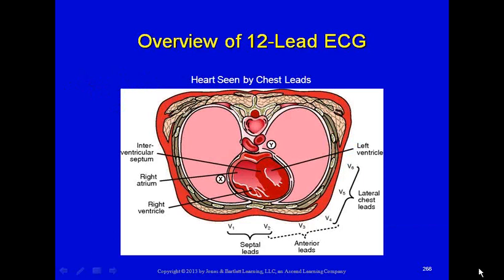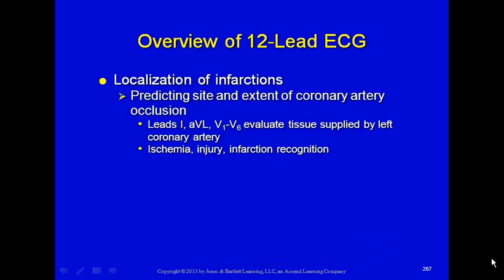2, 3, and AVF look at that right ventricle, and 1 and AVL look at the circumflex. As I had mentioned, leads 1, AVL, V1 through V6 evaluate tissue supplied by the left coronary artery. 1 and AVL look at the circumflex artery, V1 through V6 look at the LAD.